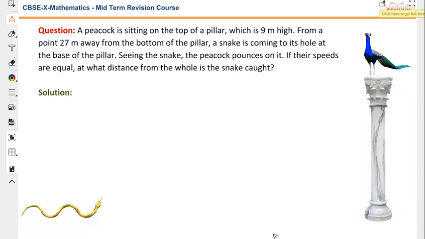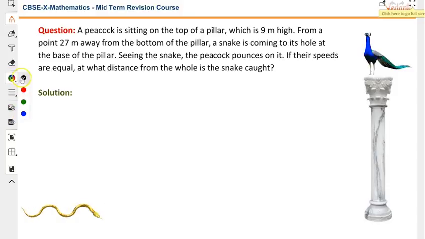The next question is: a peacock is sitting on the top of a pillar which is 9 meters high. From a point 27 meters away from the bottom of the pillar, a snake is coming to its hole at the base of the pillar. Now let us understand this problem.